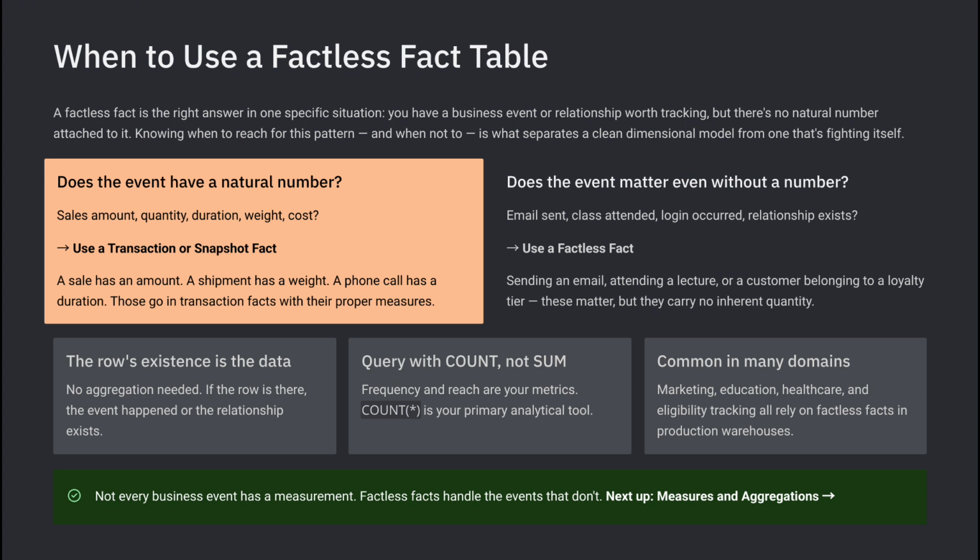That's the complete picture of fact table types. Transaction facts for events with measurements. Snapshot facts for state at intervals. Factless facts for events and relationships without measurements. Three patterns covering virtually every analytical use case you'll encounter in real data warehouses.